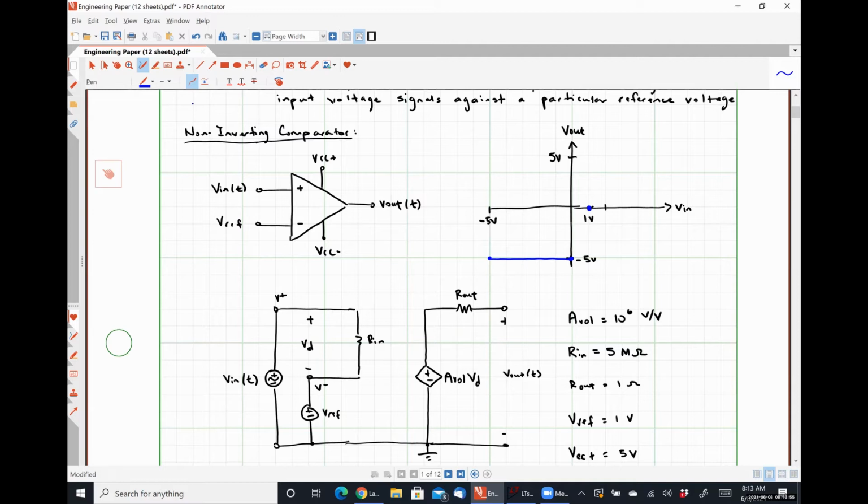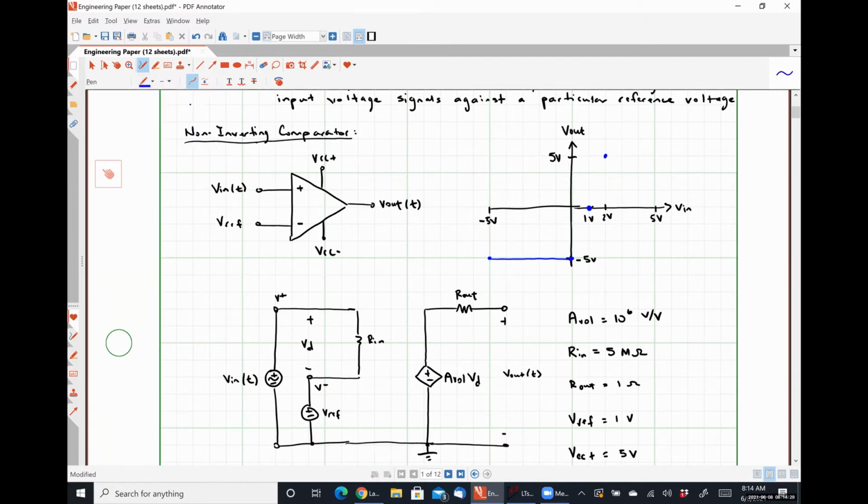So when Vn is equal to 2 volts, what is Vd? Positive 1 volt, which gets multiplied by that open loop gain, giving us positive 1,000,000 volts, which is much larger than VCC plus. So we should see that our output saturates at positive 5 volts. And then let's look at what happens at positive 5 volts for Vn, okay?